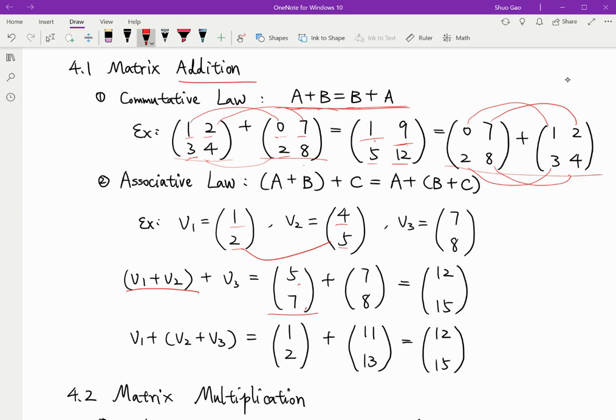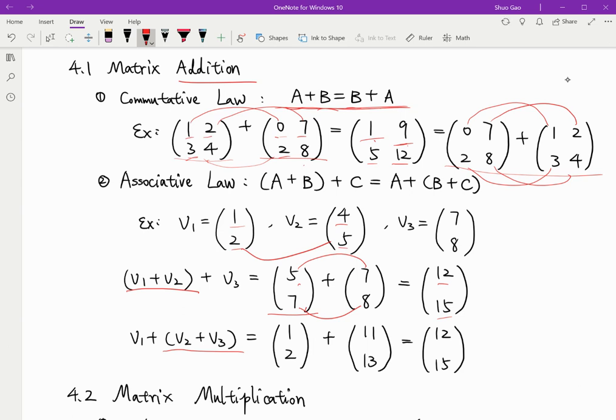And then we plus V3, and we can get 12 and 15 as a summation of 5 and 7, and a summation of 7 and 8. Right? So that's how we calculate the addition of vectors. And if we calculate V2 plus V3 first, we get the same thing.